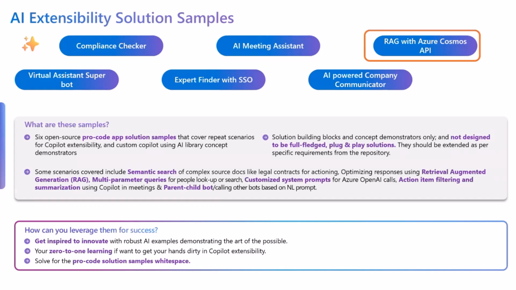The other key pointer is that these samples are lift and shift solutions that could be used in our tenants, and they also give us a peek into the pro code solutioning, on how each technology is connected and the processes running in the background. So it's a very good way to get started on the AI extensibility development journey. Now, without further ado, I'll move into the main showcase.